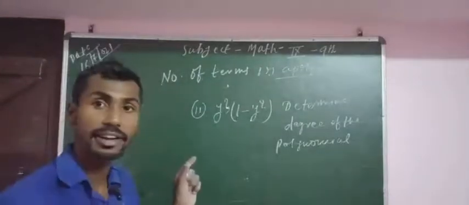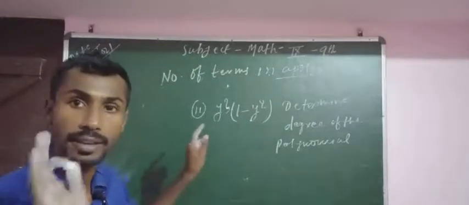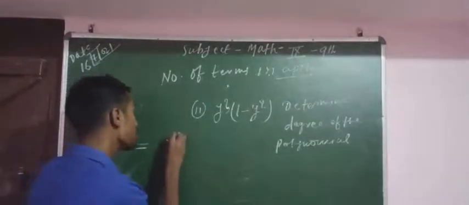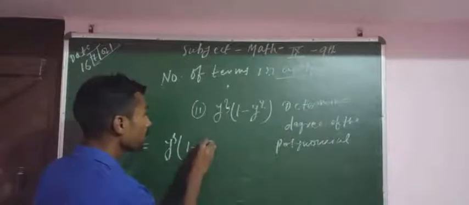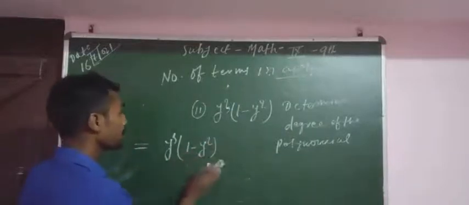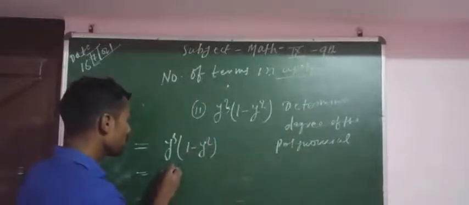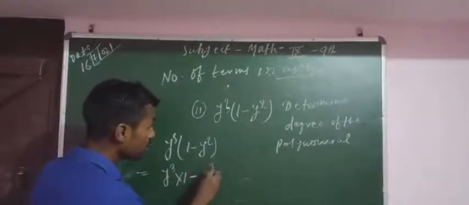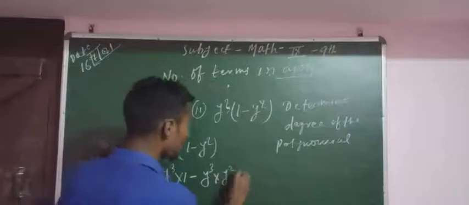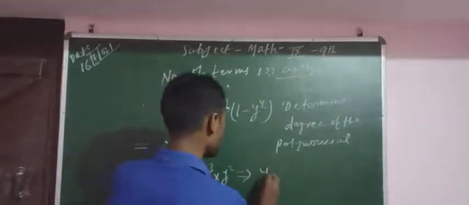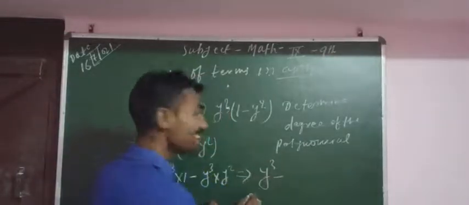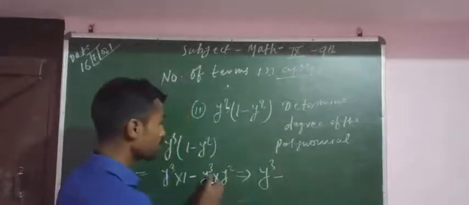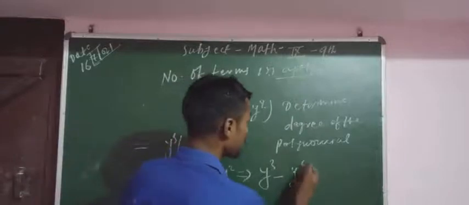How can we decide the degree of this polynomial expression? First of all we will solve it. We multiply both terms: y cube into 1 minus y cube into y square. So we have y cube minus y to the power 3 plus 2, since the bases are equal and the powers add, which gives y to the power 5.